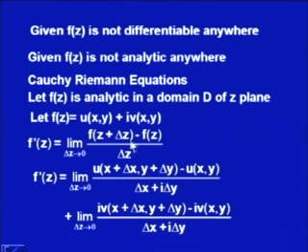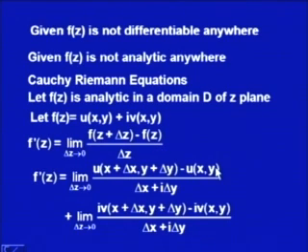So, this is the u part and this is the v part. Similarly, f z is u plus i v.